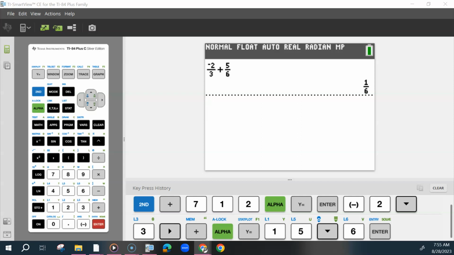Then you can put in negative at the bottom. Go down, press 3. And then go to the right. Plus. And then do it again. Alpha equals 1 or enter. And then another fraction.